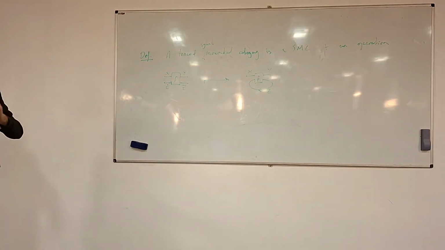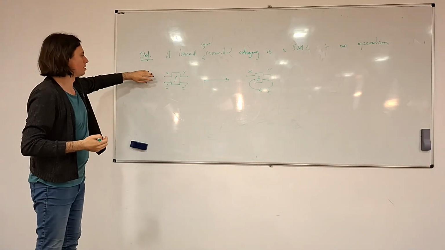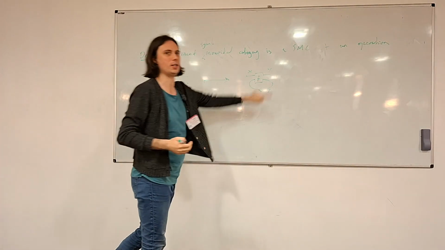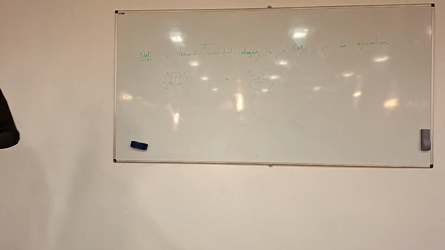So this thing is a morphism from x to y. So I have some kind of operator that takes morphisms of type x tensor z to y tensor z to morphisms of type x to y. So I say I'm tracing out z.